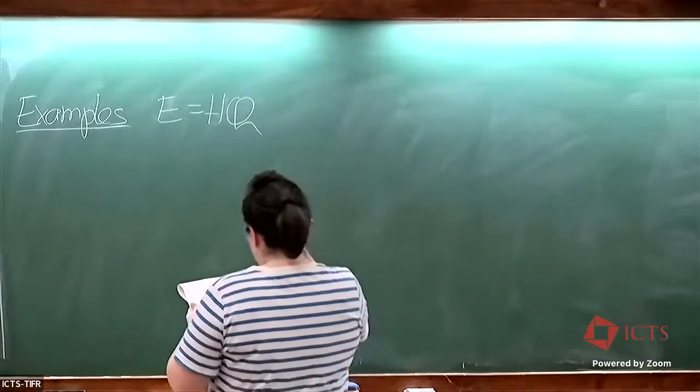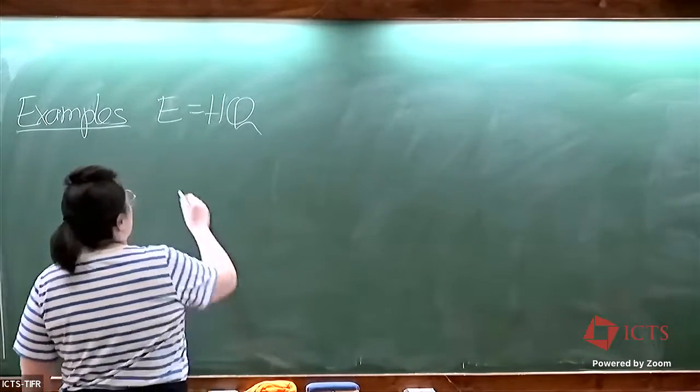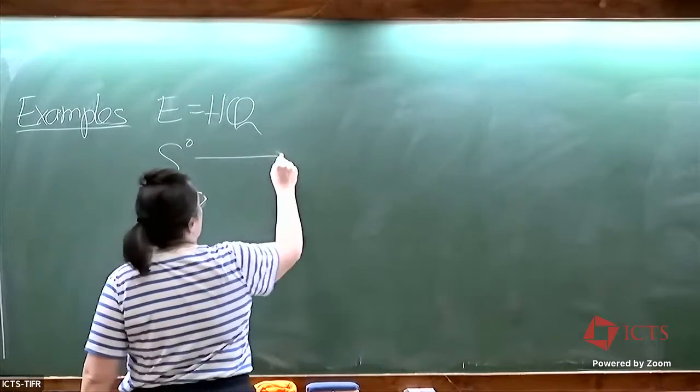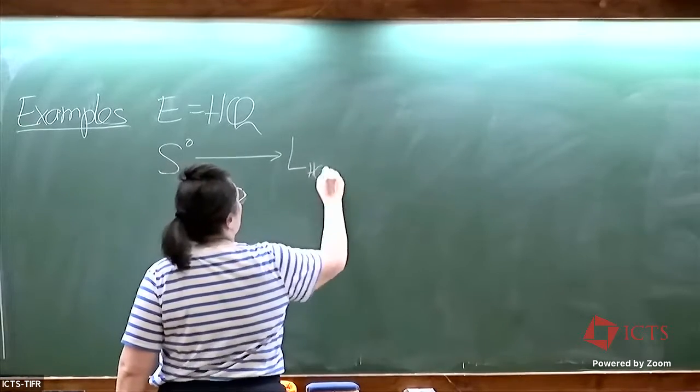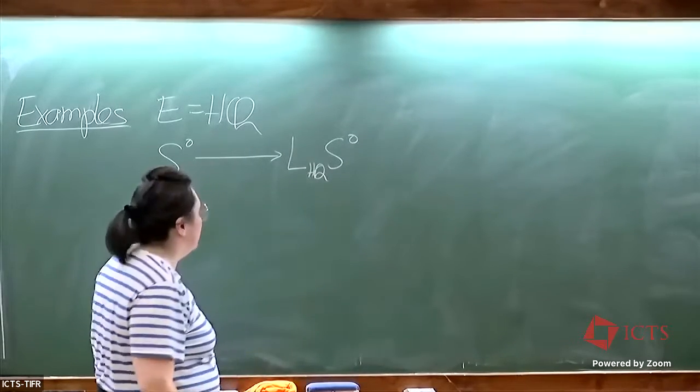So if we look at this map here, we can of course ask, so what is the localization map from here into here?